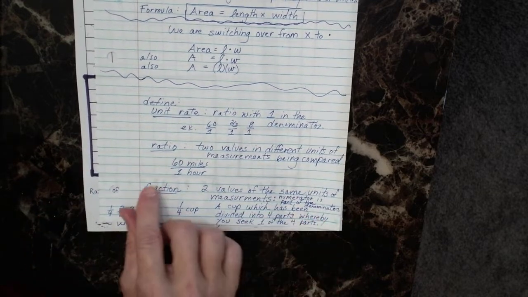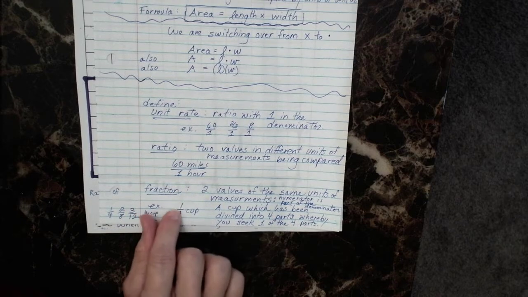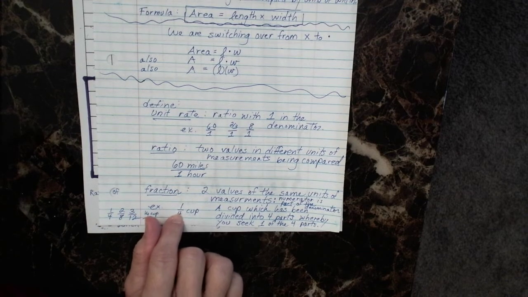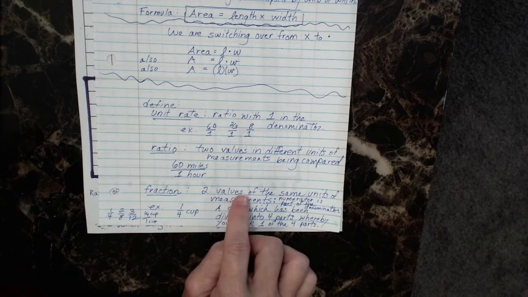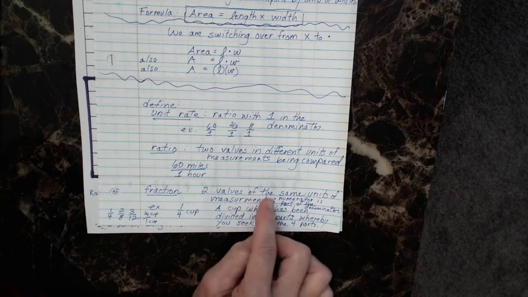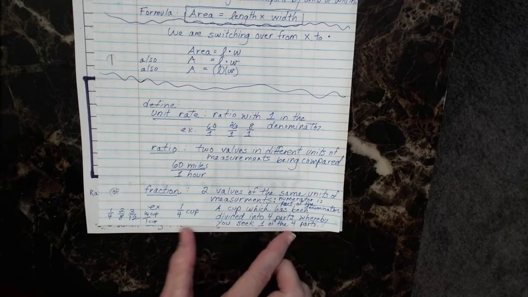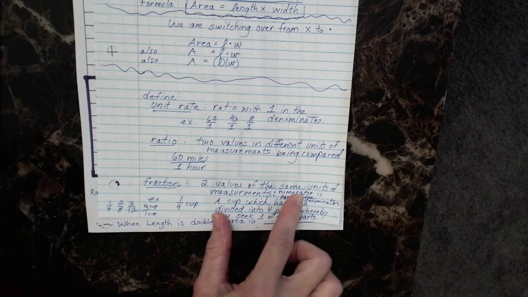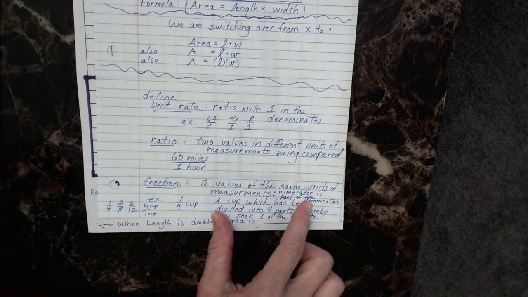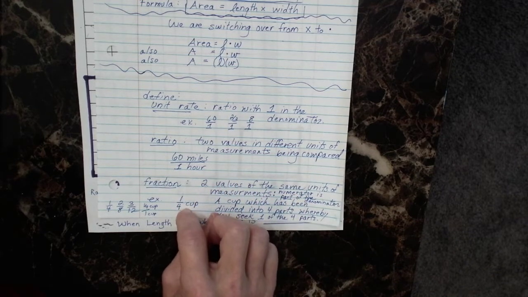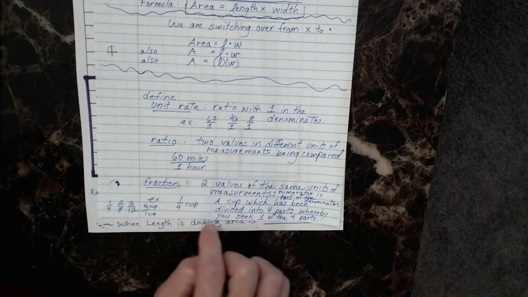To contrast that to a fraction, which looks like a ratio, remember that two values of the same units of measurement are being compared, where the numerator is actually part of the denominator. That's what defines a fraction.